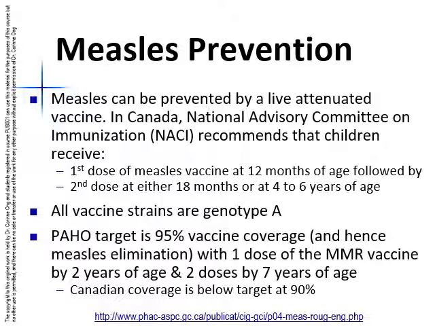The PAHO target for vaccine coverage is 95% for measles elimination, with one dose of the MMR vaccine by 2 years of age and 2 doses by 7 years of age. Unfortunately, these criteria have not been met in Canada, and the coverage is only at 90%.